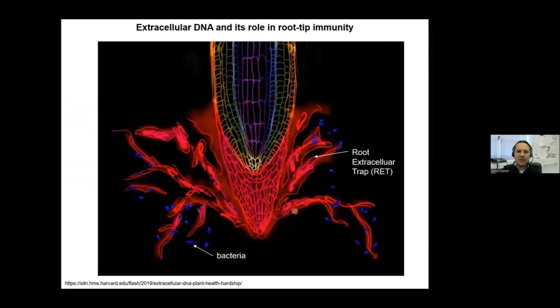This is how it looks in a real root, colored here, and in red you see these root extracellular traps, which are composed of sugars and extracellular DNA, like nets in which the bacteria, here in blue, get trapped, and they cannot go further towards the sensitive part of the root, the root tip where cell division would occur.